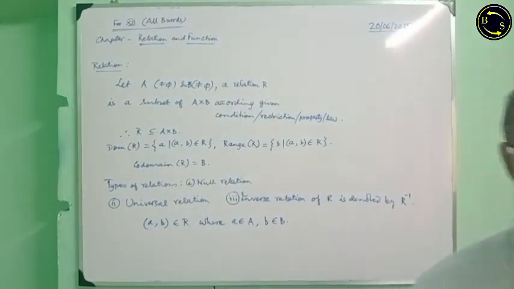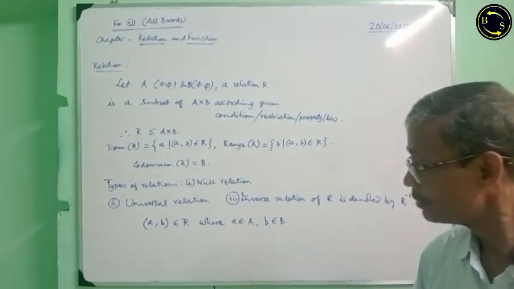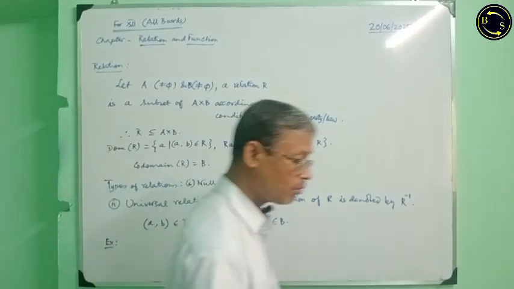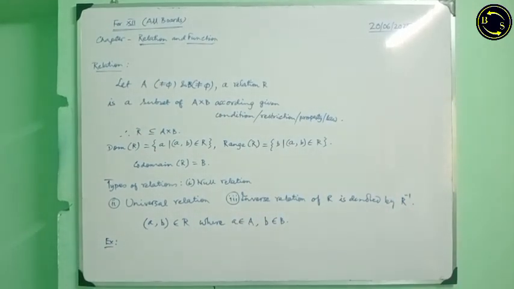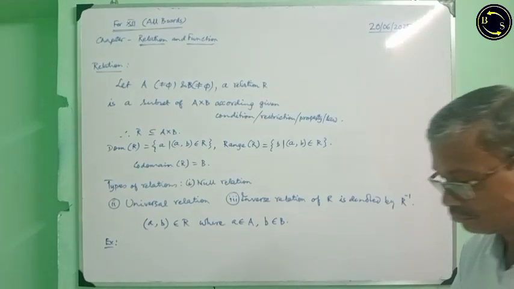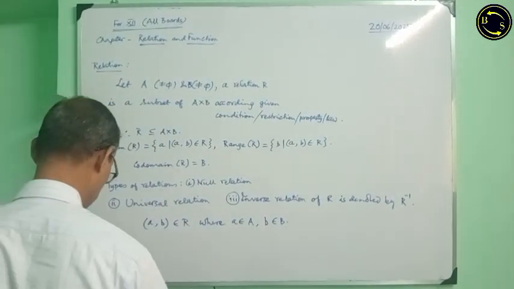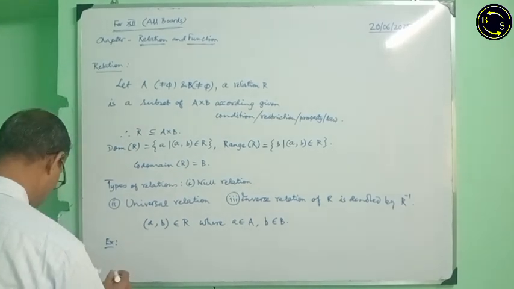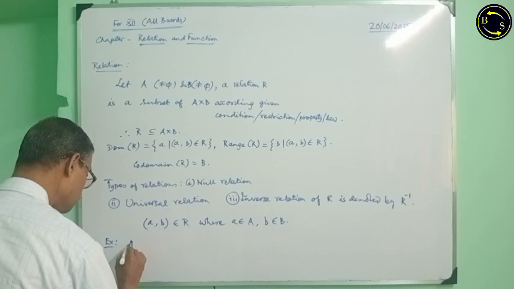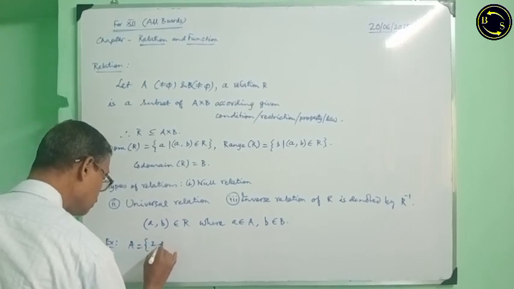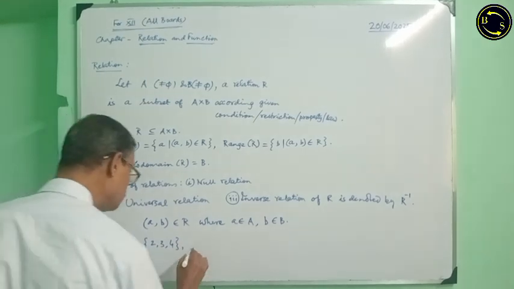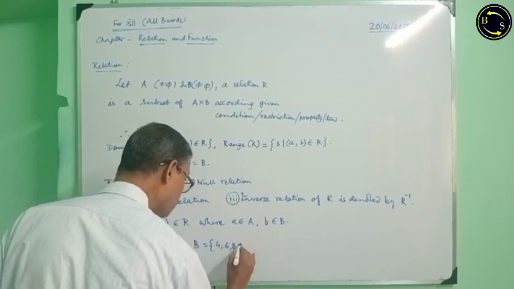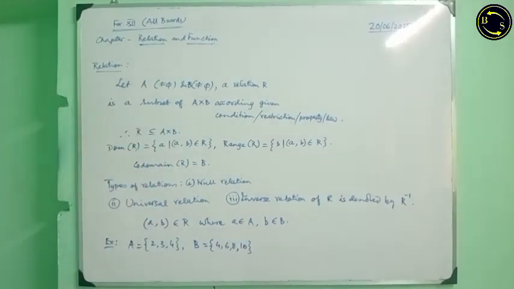Now I take a simple example to clarify these three. A is a set having members 2, 3, 4.